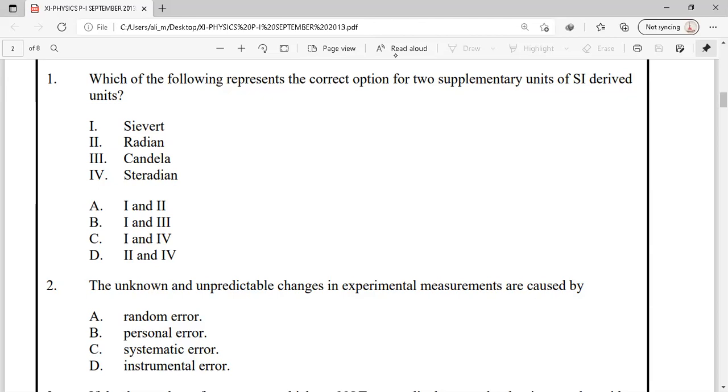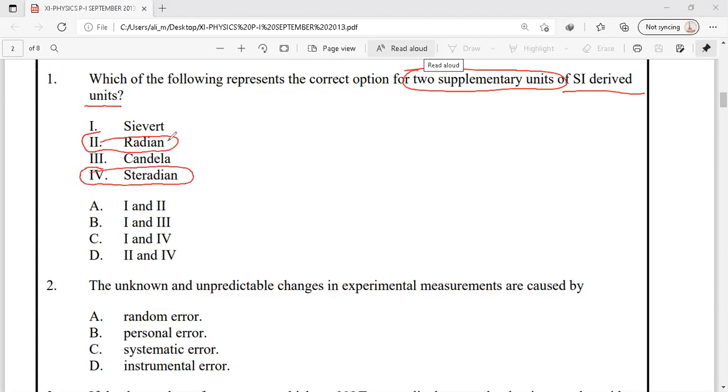Which of the following represents the correct option for two supplementary units of SI derived units? कौन से ऐसे दो units हैं that are known as supplementary units? So we have studied in chapter number 1 that the radian and the steradian, these two units of angle, one is the two-dimensional angle and the other is the three-dimensional angle.